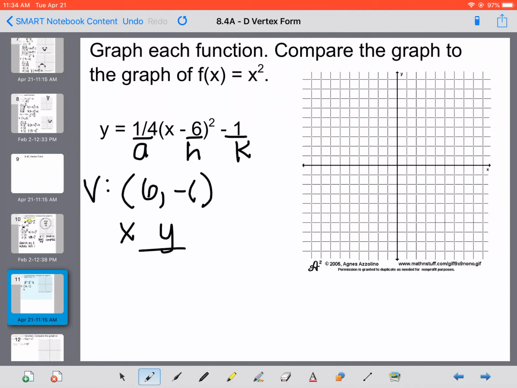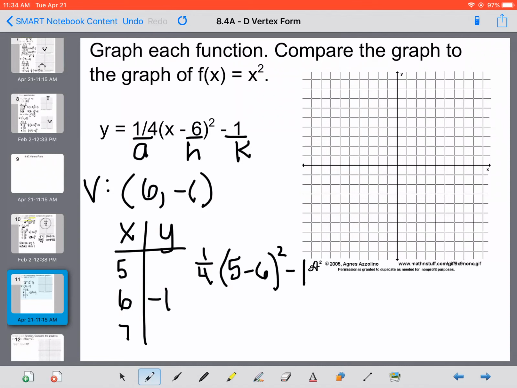So if we make our table, put our vertex in the middle, 1 below 6 is 5, 1 above 6 is 7, and then let's plug it in. We're going to go 1/4 times 5 minus 6 squared minus 1, and that's going to give us -3/4. And then if we did it again with 7, I'm going to also get -3/4.